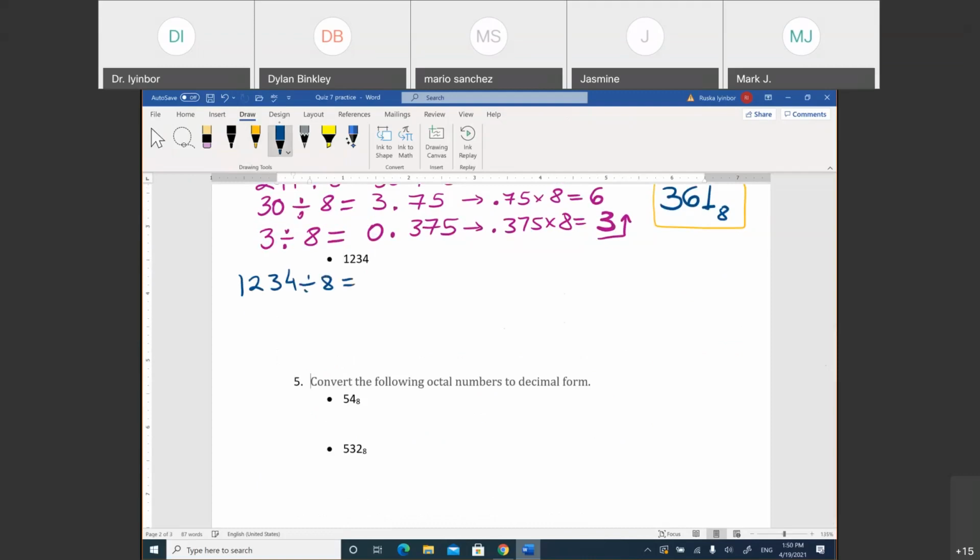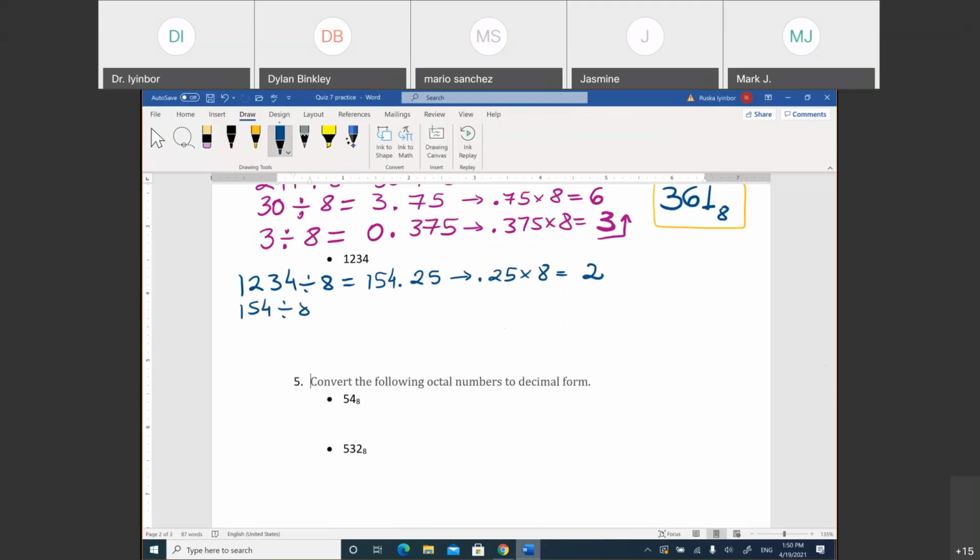It's going to be 154.25. We're going to get the decimal, which is 0.25, and multiply by 8. It's 2. Then you're going to get 154.